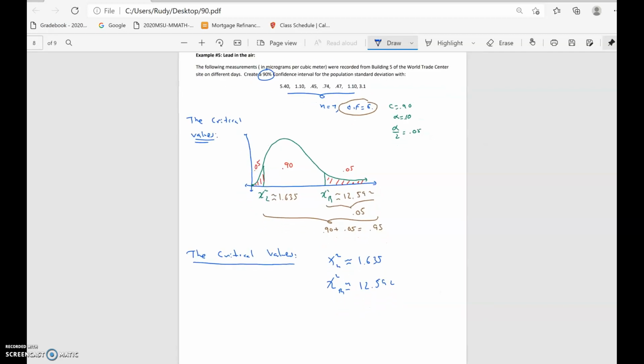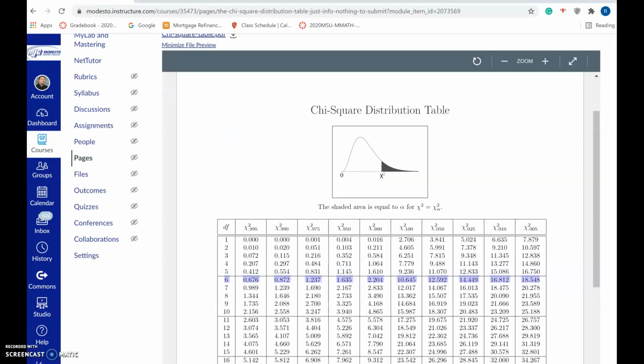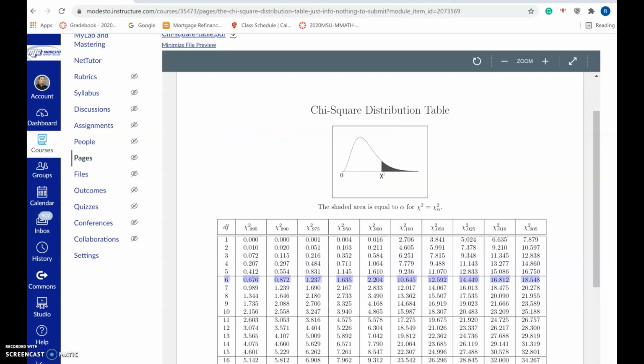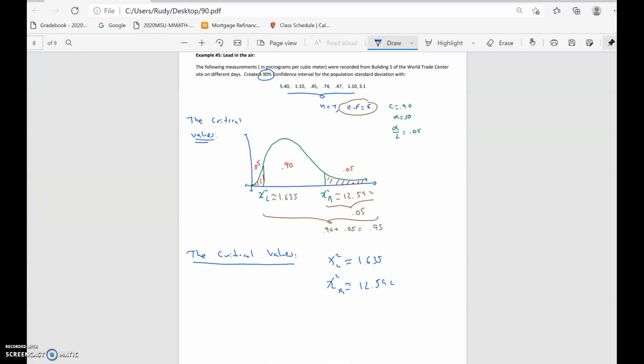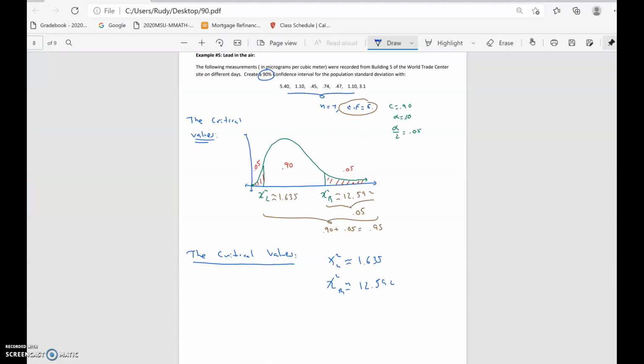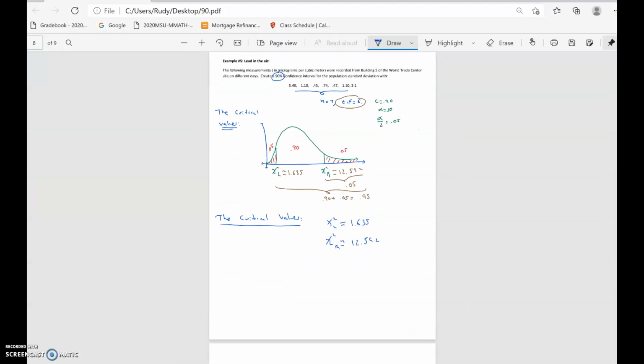Let me just double check them again. 6 degrees of freedom, and then 0.05, 12.592, and then 0.95, 1.635. Okay, that's actually it.